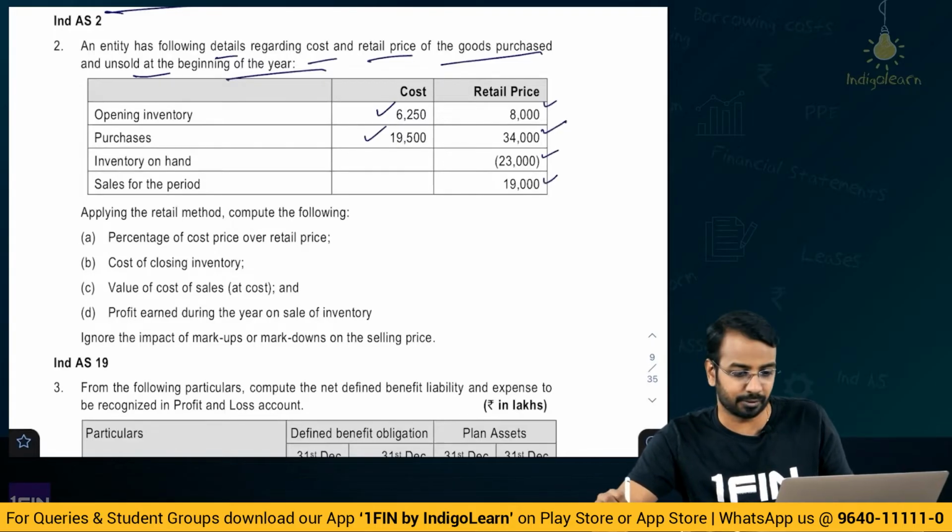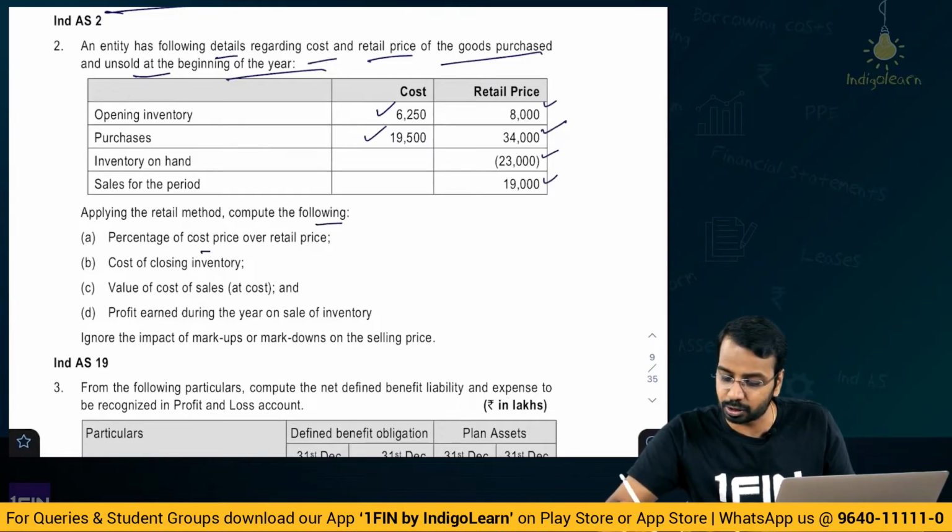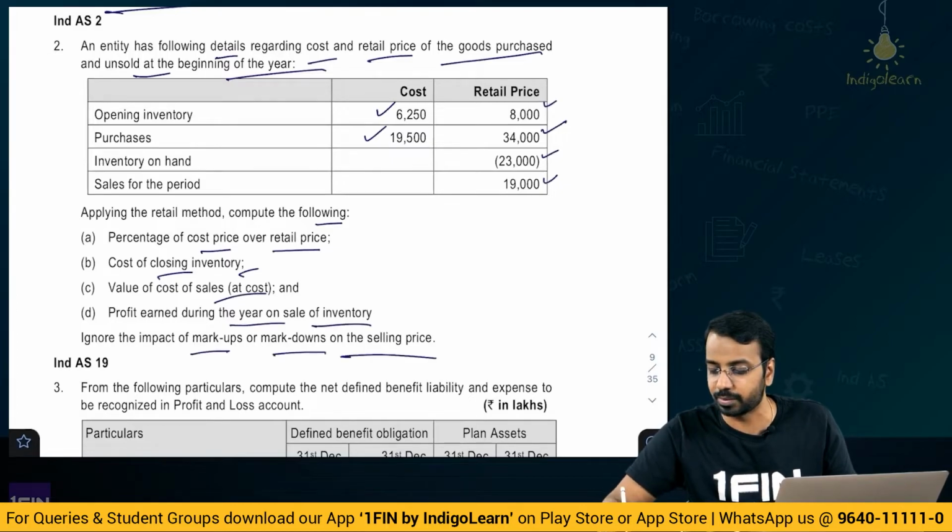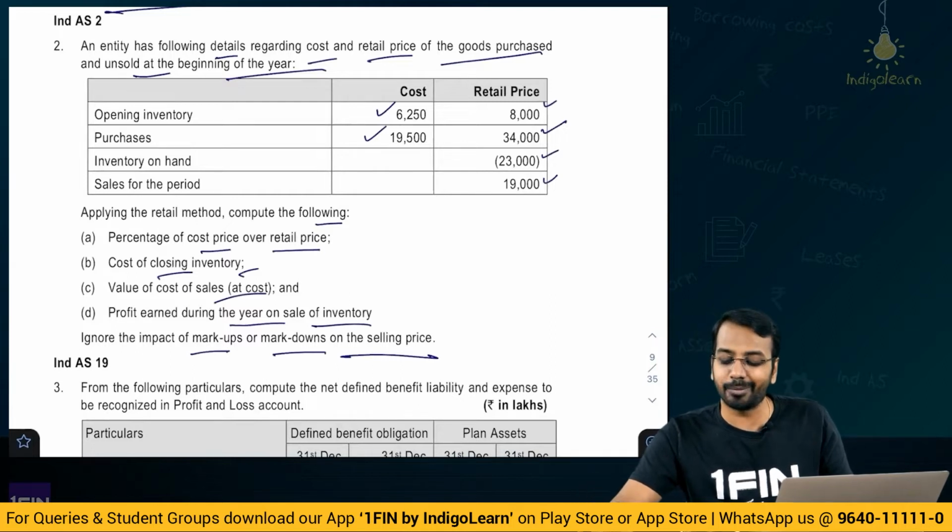So this is the information given. Then apply the retail method and compute the following: percentage of cost price over retail price, cost of closing inventory, value of cost of sales, and profit earned during the year on sale of inventory. Ignore the impact of markups or markdowns on the selling price. So ignore what will be the discount and all given. Purely compare the retail price with the cost price, right?